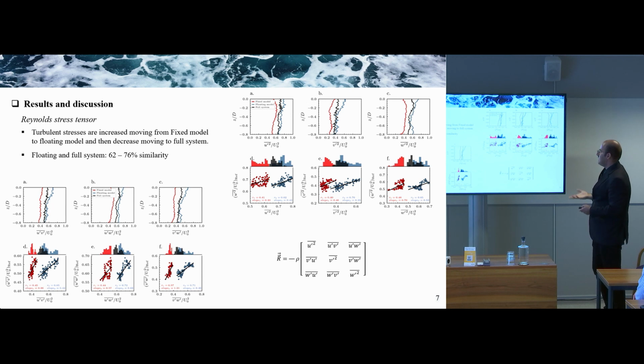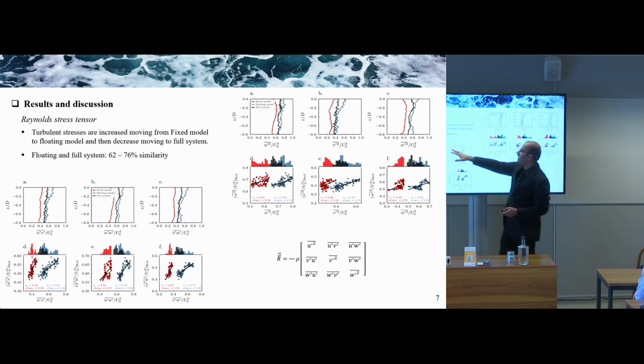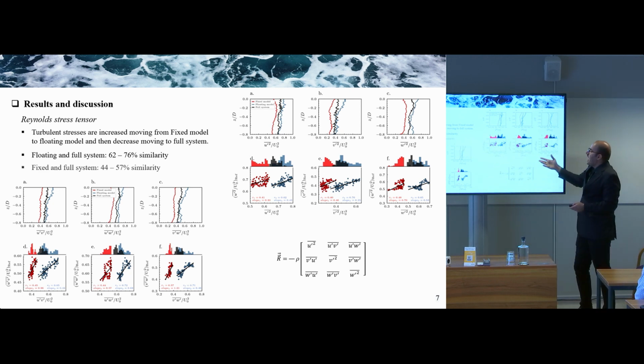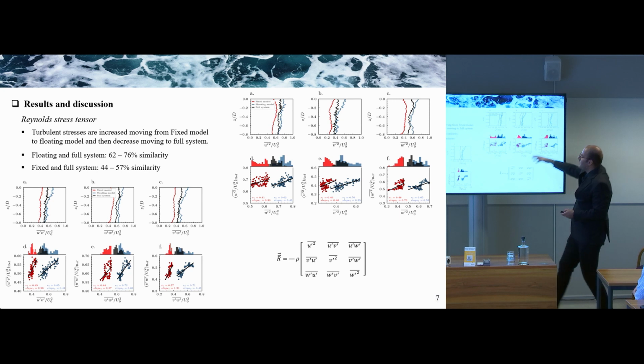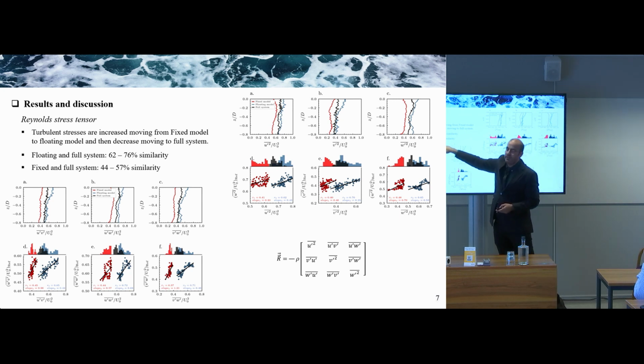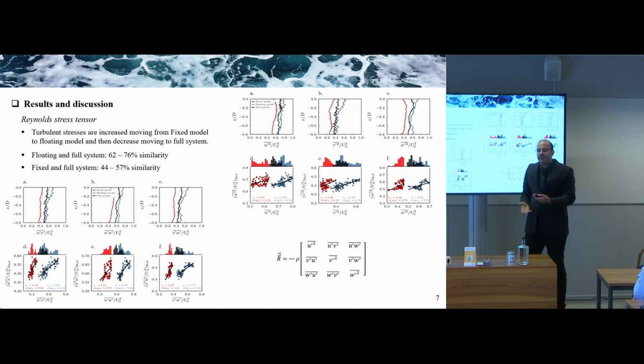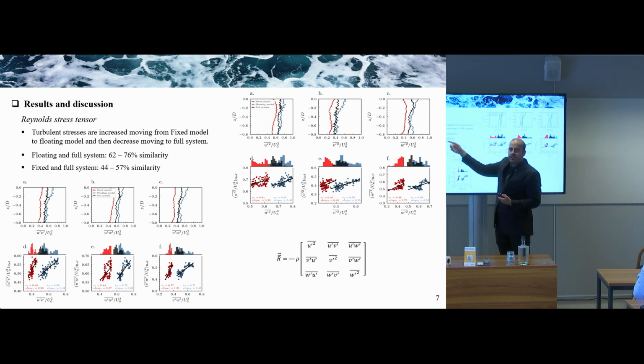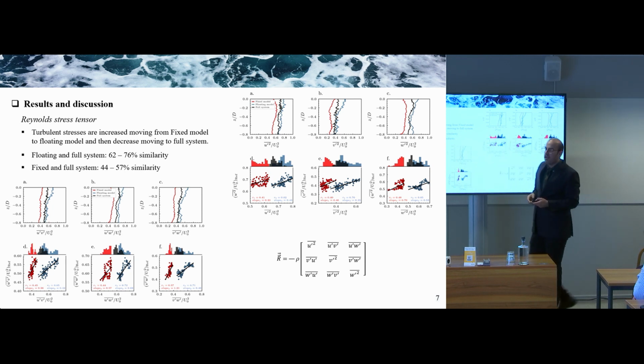Basically, the similarity between the full system and the floating one is in the range of 62 to 76% in terms of the Reynolds stress tensor. And for the fixed and full system, we have a range of 44 to 57%. So basically, we have an error range of 54% for the fixed and full system, and almost 30% between the floating and full system.